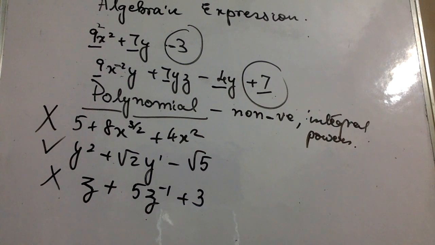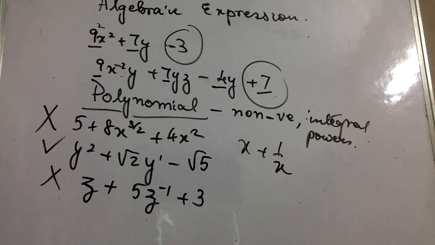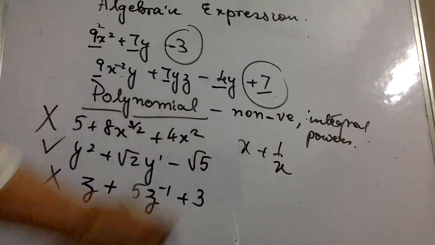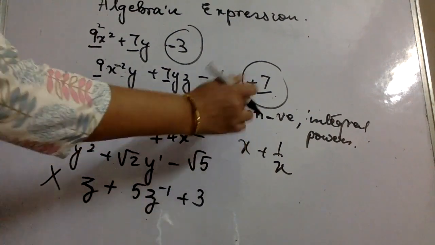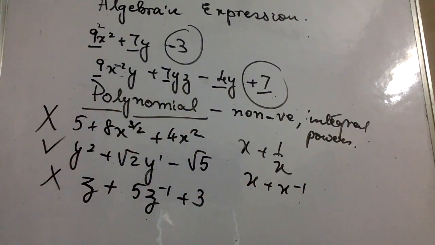Okay, so let's take up another one which is probably not a polynomial, like this, x plus 1 by x. Now, this is an expression definitely, but if we write the x properly, it becomes x to the power minus 1, which is a negative power in x.